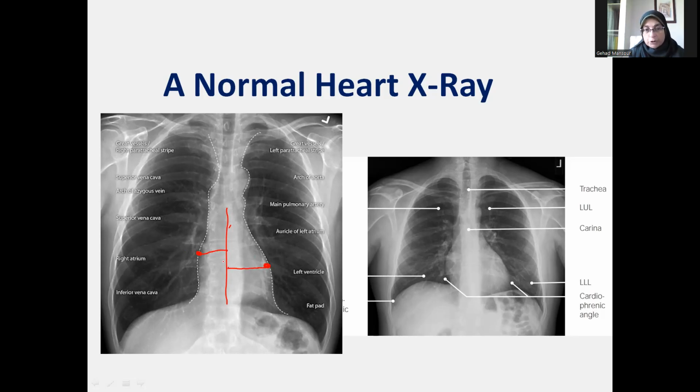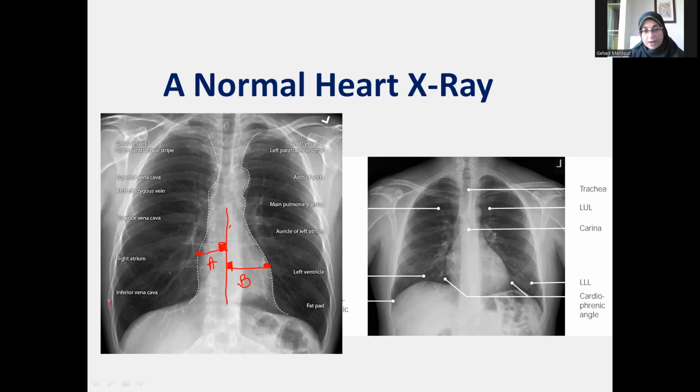And in order to make sure that this is the horizontal, this angle should be 90 and that angle should be 90. Then you call this A, for example, and you call the other line segment B. You add A and B, and by having added A and B, you have reached the width of the heart at its maximum bulging.